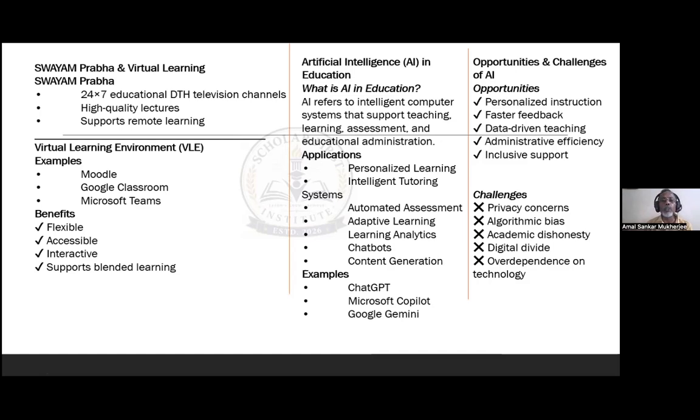These are the opportunities or advantages of AI. Challenges or limitations: privacy concerns, algorithmic bias, academic dishonesty, digital divide, over-dependence on technology. These are the challenges or limitations of using AI in education.